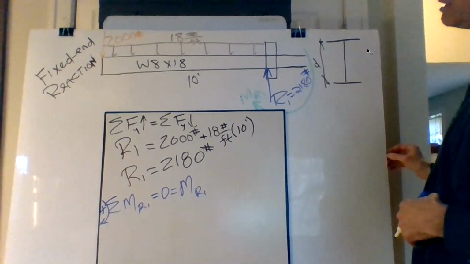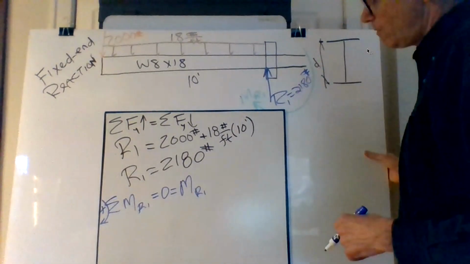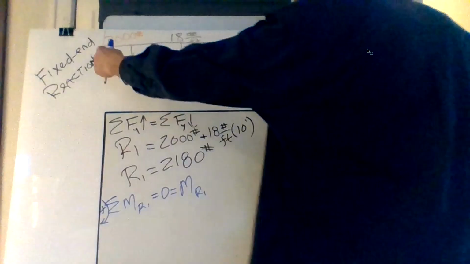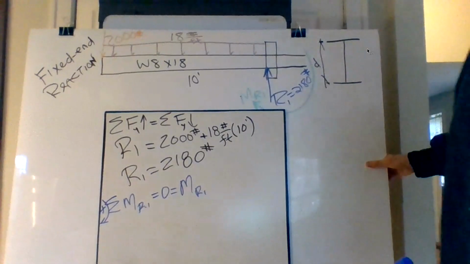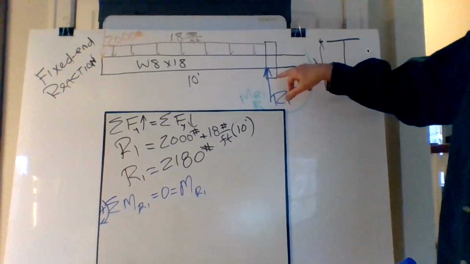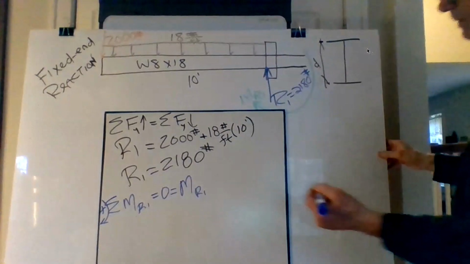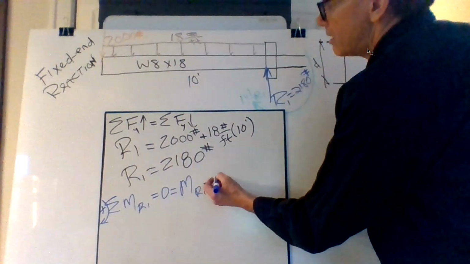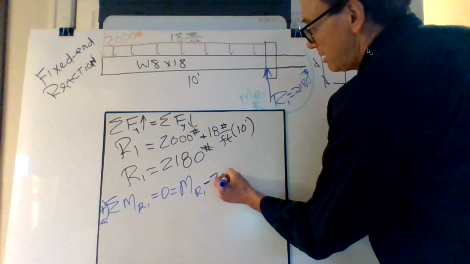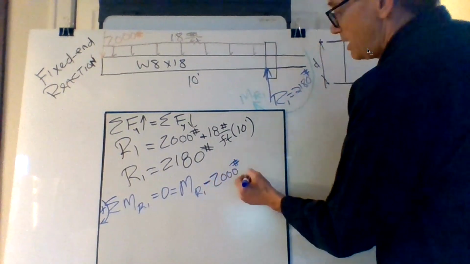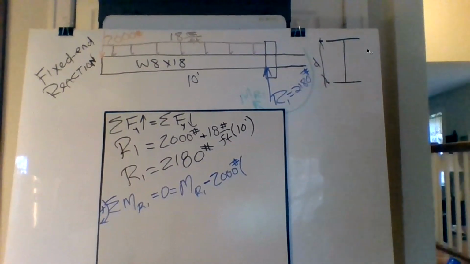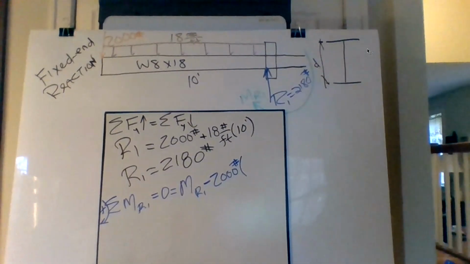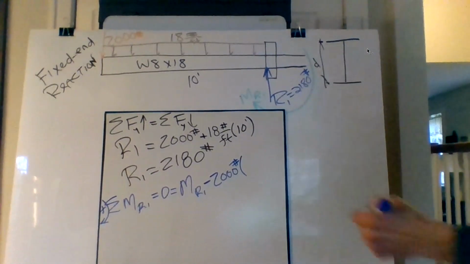Okay. What do we have to do here? How about the 2,000-pound load? Is that going clockwise or counterclockwise about this point right here? It's going counterclockwise times what? 10 feet. Right, 10 feet.